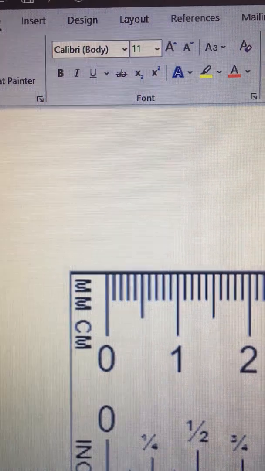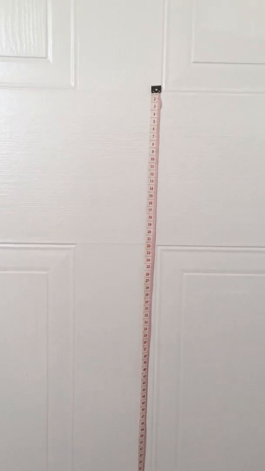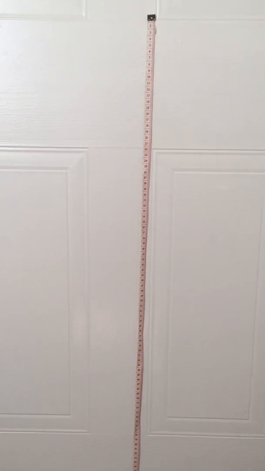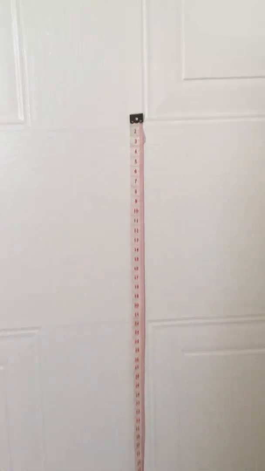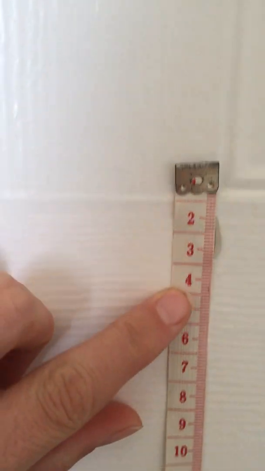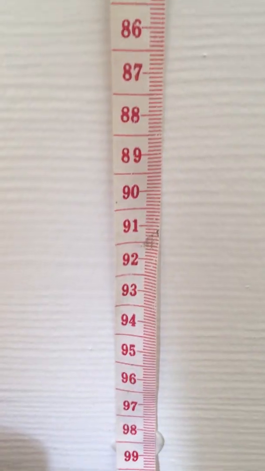What I can also do is use a measuring tape. Now I've put a soft measuring tape along my door. And what I've done is at the top, a little metal piece over, but there's 1, so naught would be at the top, and I've gone all the way down to, what number do you think?